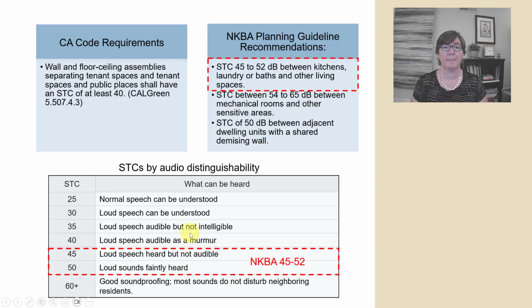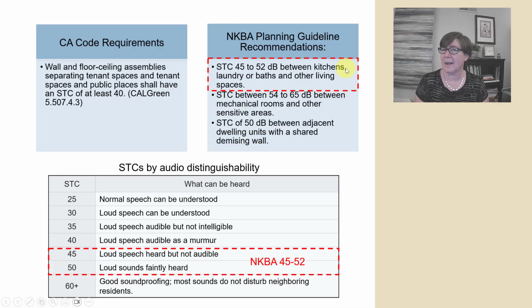Okay. But here, this class is about kitchen and bath design, and so we're interested in the NKBA guidelines. These are recommendations and not requirements, right? They're not code. But the recommendation is to provide STC 45 to 52 between kitchens, laundries, and baths, and other living spaces.